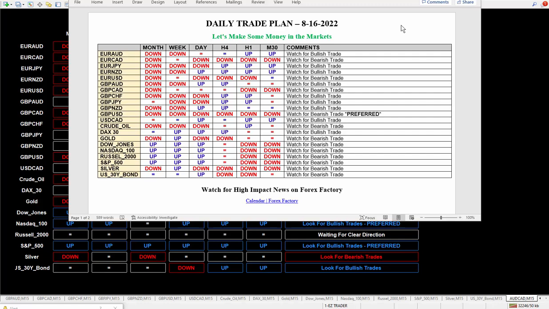It's already set for being a day trader, but if you're the type who wants to be a swing trader and you like to be working on the 4 hours or the daily, you can adjust it. Or if you're a position trader, monthly, weekly, then you can adjust it again.